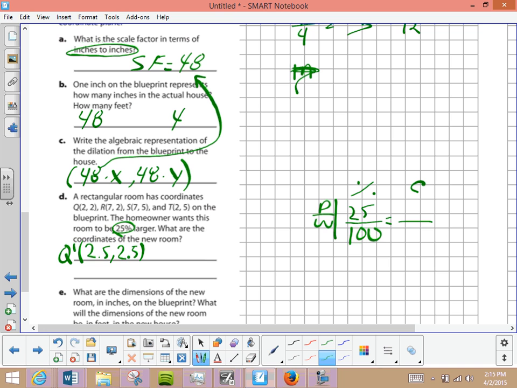And then the whole will be 2. We're going to use 2. And that's x. We don't know what that is. You cross multiply, and you get 100x. And then right here you get 50, right? You divide by 100. What do you get? 0.5.